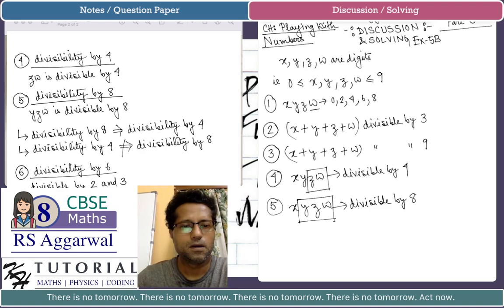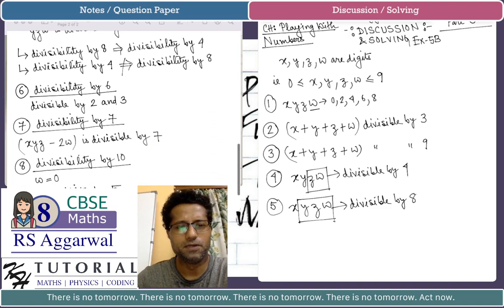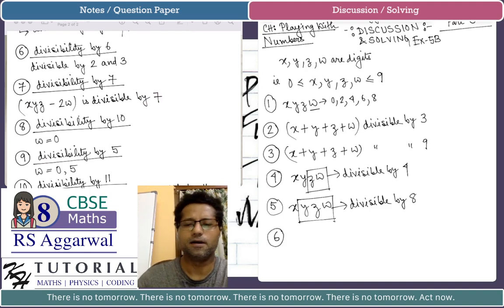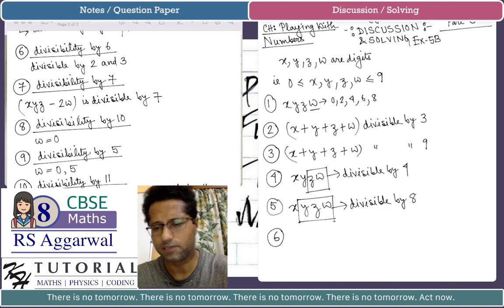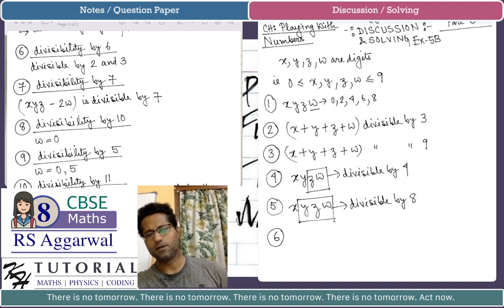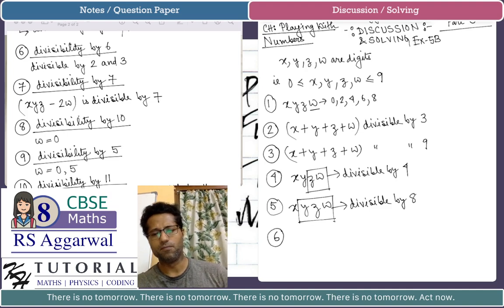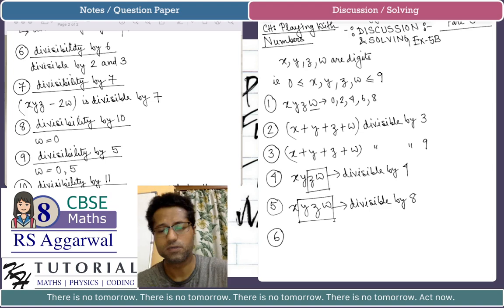Okay. Now comes the divisibility of 6. Now divisibility of 6 is saying that the given number x, y, z, w will be divisible by 6 only if it is divisible by both 2 and 3. The number has to be divisible by both 2 and 3.